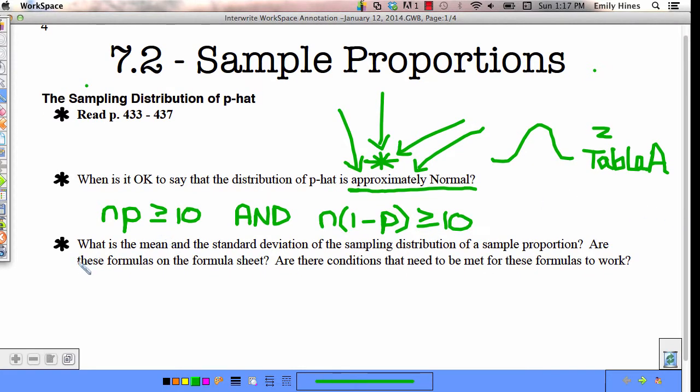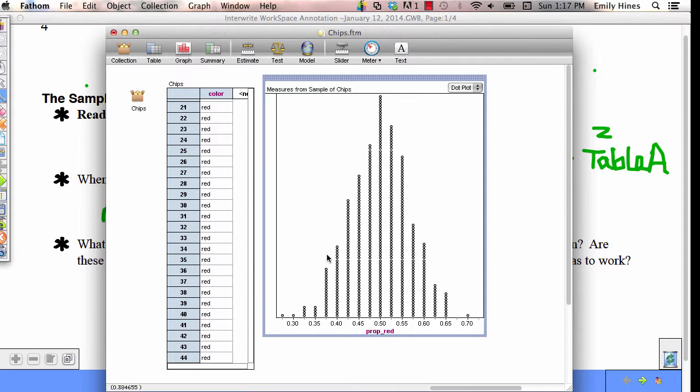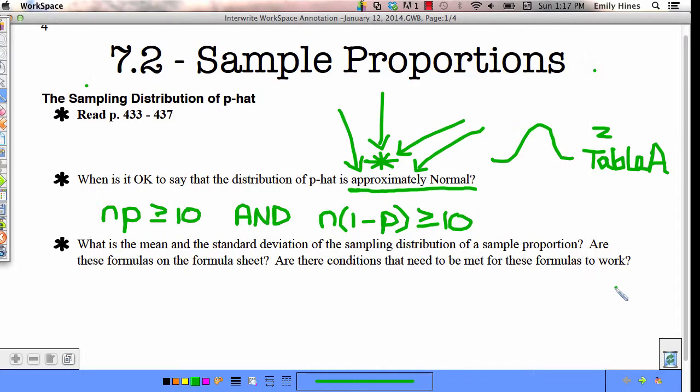Okay, so what is the mean and standard deviation of the sampling distribution of a sample proportion? If I have something like these chips here, and I know that it's a sampling distribution, how can I go about finding the mean and the standard deviation of this? Well, if I know the population parameter for proportion, p, that is what the mean is.